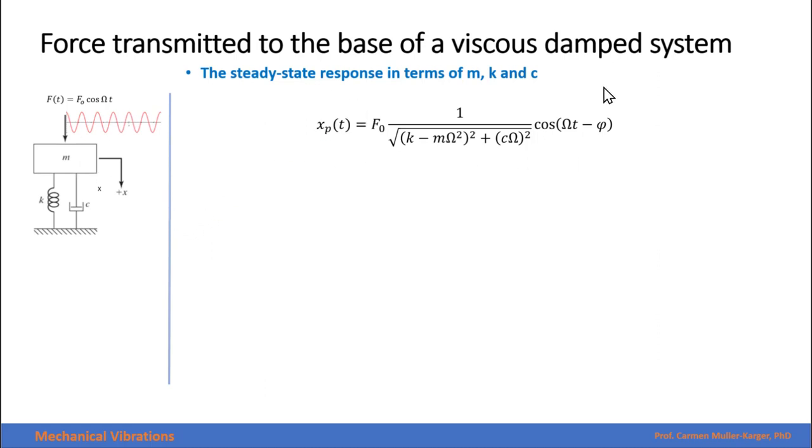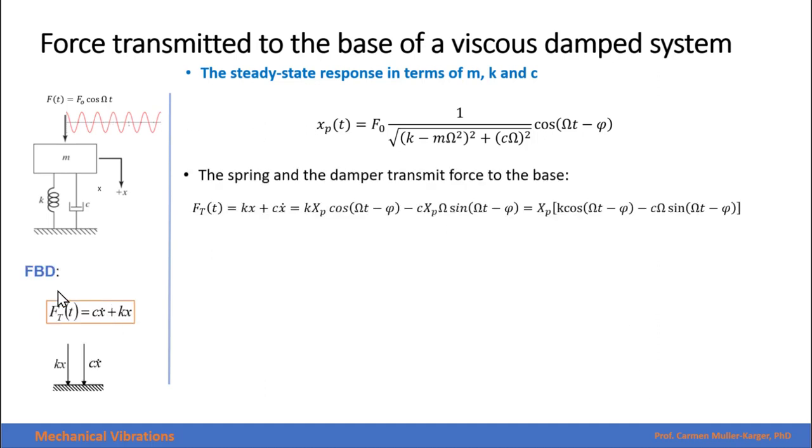This is a steady-state response in terms of the mass, the constant of the spring, the constant of the damper, and the frequency of the excitation force. And this response is for an excitation which has constant amplitude, and the frequency of excitation is omega. We draw the free body diagram of the base, and we have the force of the spring and the force of the damper.